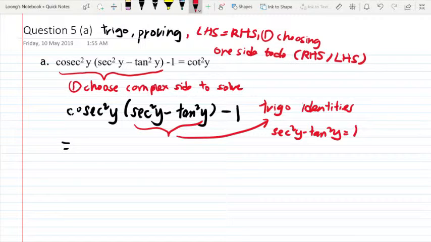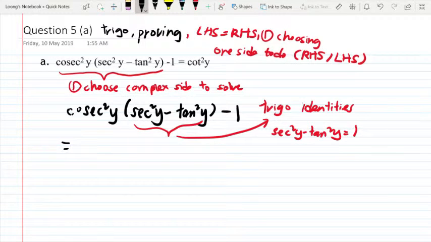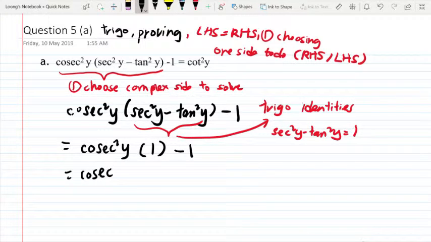So applying this principle, we could just write that cosecant square y is equal to 1 minus 1. And what we are left with is cosecant square y minus 1.